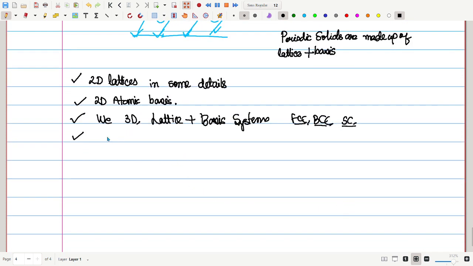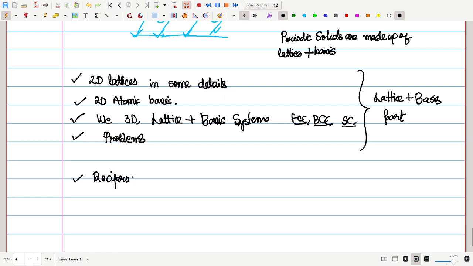We will conclude the session with some problems, and this will conclude the lattice plus basis part. Then we will start with reciprocal space in the next to next lecture. So that is the plan.